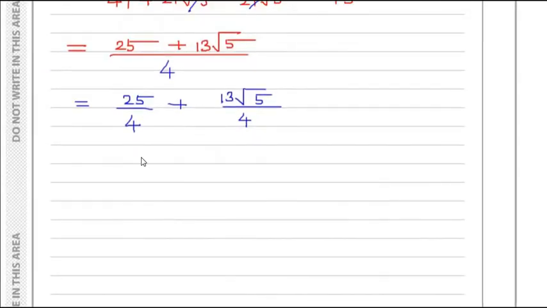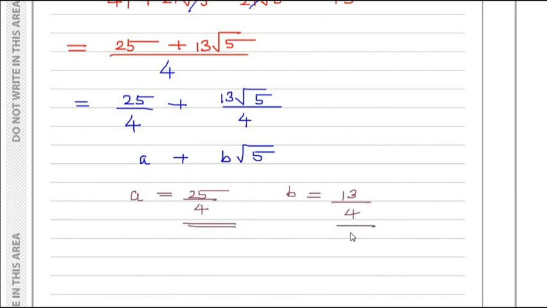So let us compare with a plus b√5. By comparison we can see that a represents 25 over 4, which is a rational number, and b can be written as 13 over 4. So these are the values of a and b: 25 divided by 4 and 13 divided by 4.